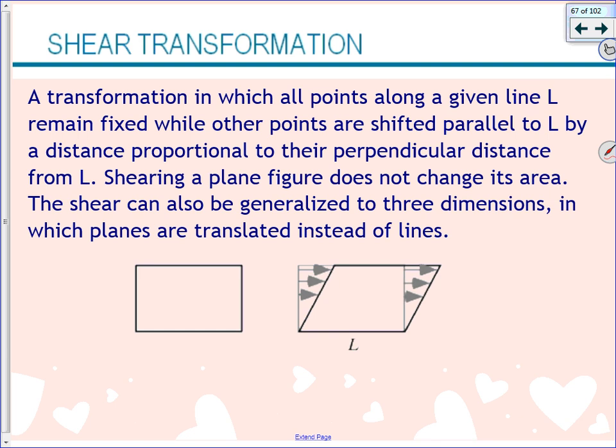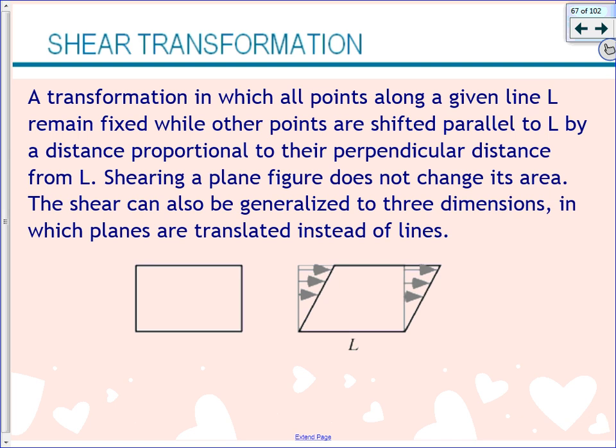Okay, so what we talked about yesterday when we kicked off the lesson was how you can achieve geometric transformations using matrix multiplication. And one of those transformations is called a shear.